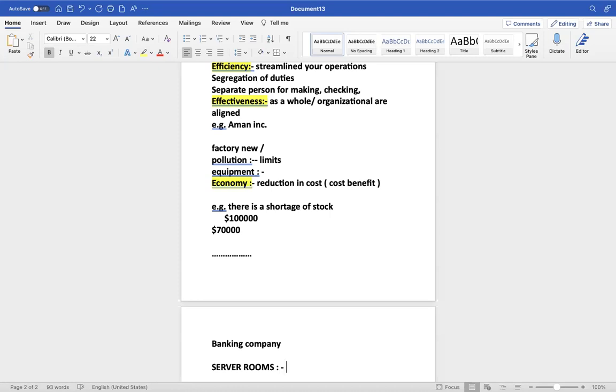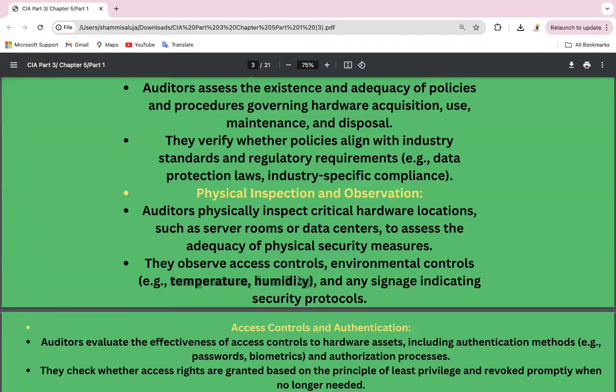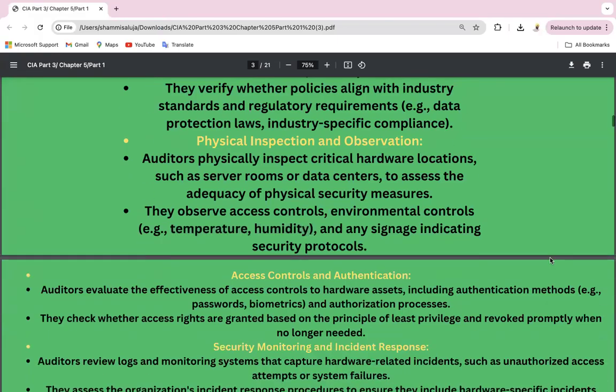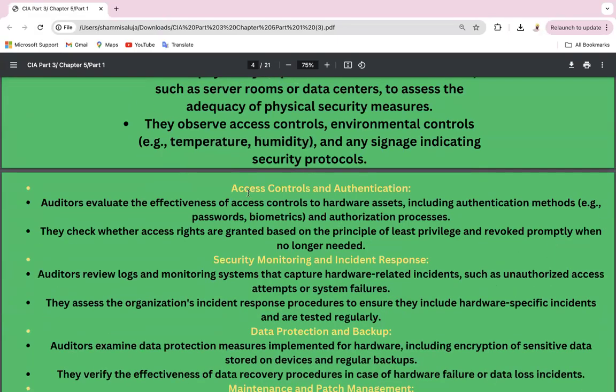So temperature and humidity levels ought to be maintained, especially in the server rooms of a banking company. There you go. And obviously, internal auditors play a very crucial role when it comes to a banking company.